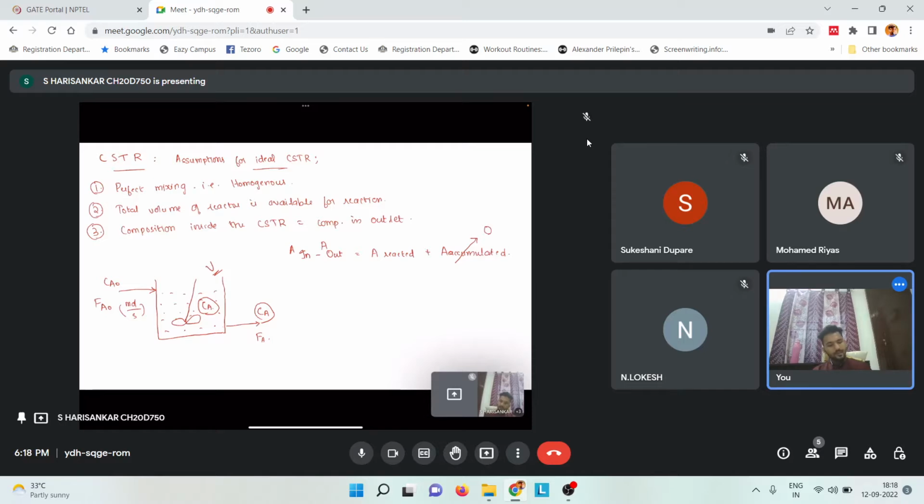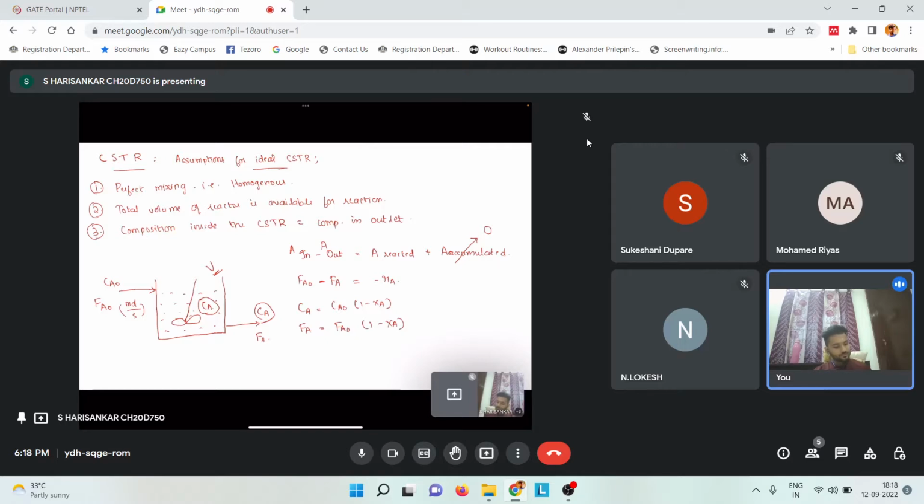When we talk about A in terms of molar flow rate, A in is Fa0, and A out is minus Fa. This is equal to A reacted, which is basically minus Ra into V. Now we saw that Ca is equal to Ca0 into 1 minus Xa, and similarly, Fa is equal to Fa0 into 1 minus Xa.